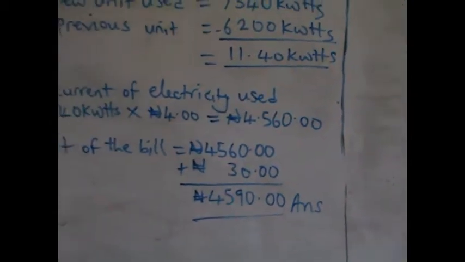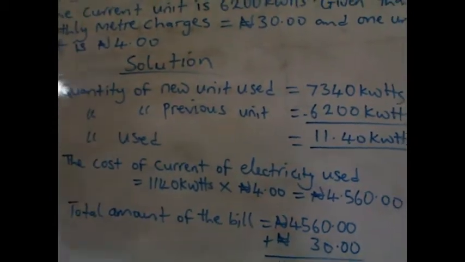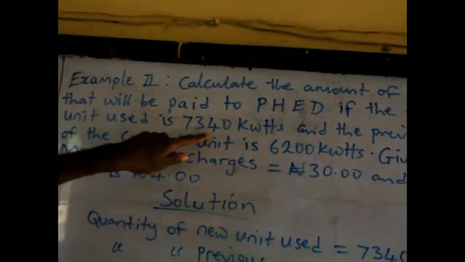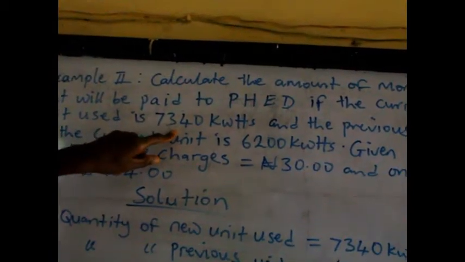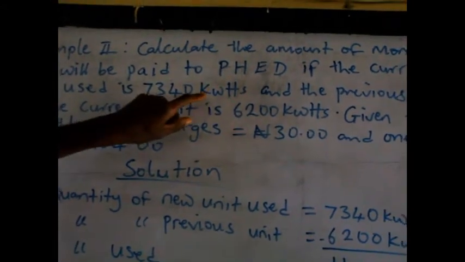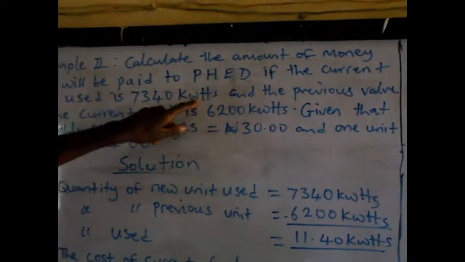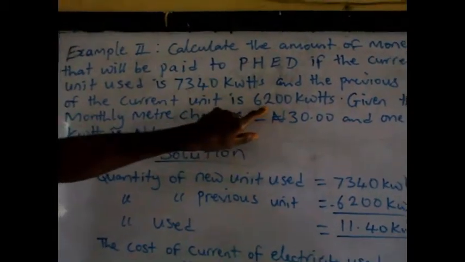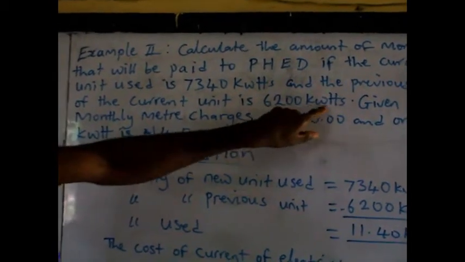I'm going to take it all over again because I'll give you something to do at home. This was the current bill given to you. 7,340 kilowatts was what you consumed in your current bill, and your previous was 6,200 kilowatts.